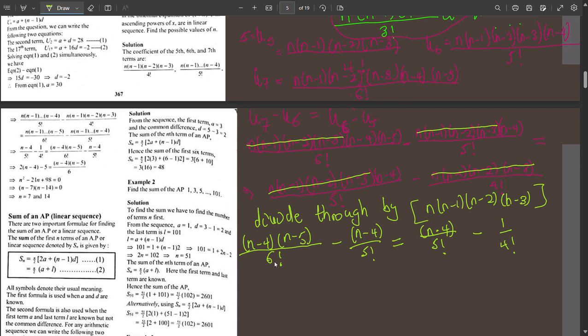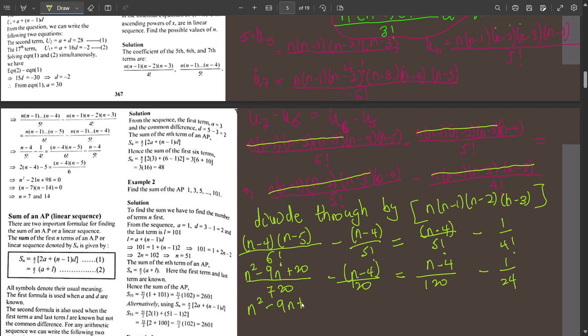So we divide through by 6 factorial, and 6 factorial is 720. And multiply through all the terms by 720.